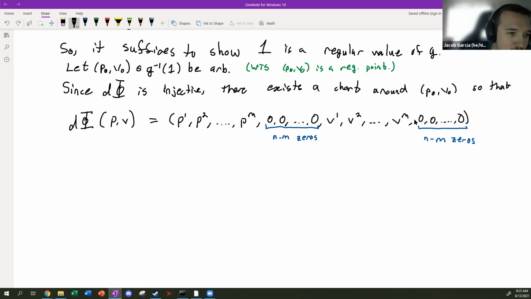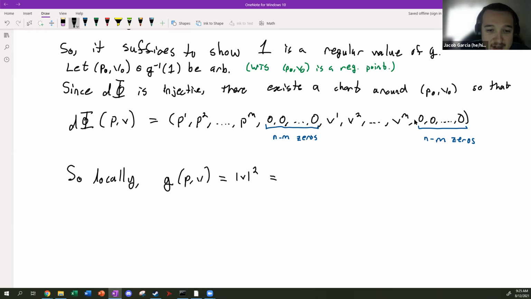Then this means that locally G of P comma V is equal to just the length of V squared, which is going to be the sum from j equals 1 to M of Vj squared.